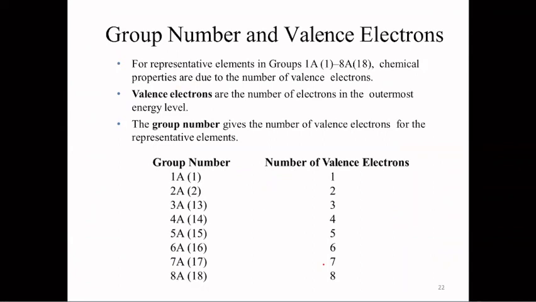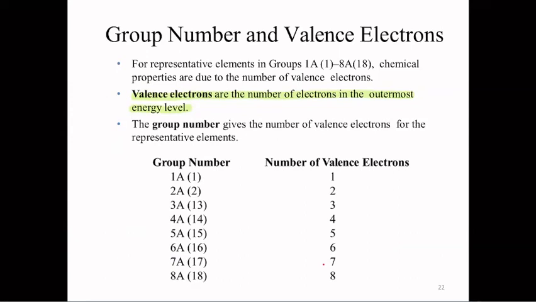Now, understand that valence electrons, by definition, are the electrons that live in the outermost energy level. So if you think of the system of rings, like in the Bohr model, they are the electrons that live in the outermost ring.